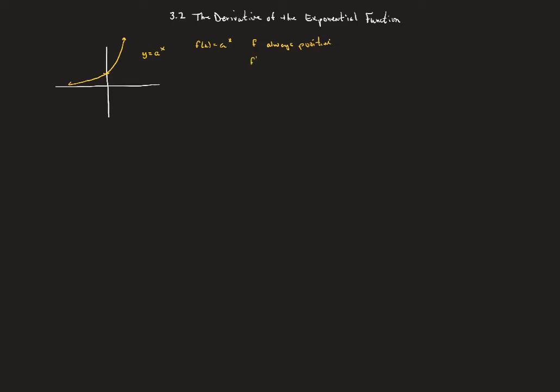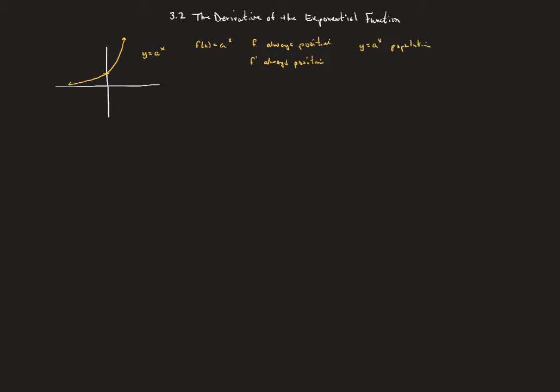So that means f prime must also always be positive. Kind of interesting there. And I don't know if you've thought about this, but an exponential, y equals a to the x, is often used as a population model. It models population growth.